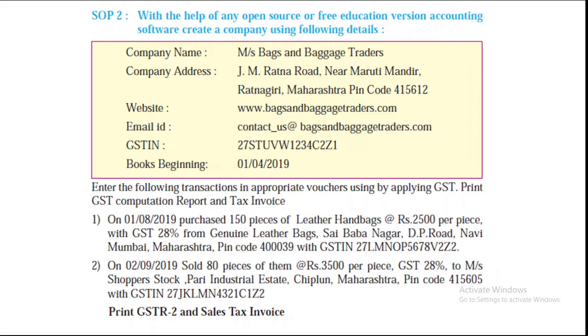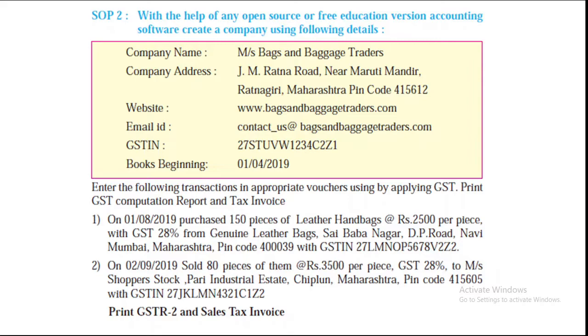Company details are given. Company name: Messrs. Bags and Baggage Traders. Company address: JM Ratna Road, near Maruti Mandir, Ratnagiri, Maharashtra. PIN code 415612. Website is given: www.bagsandbaggagetraders.com.